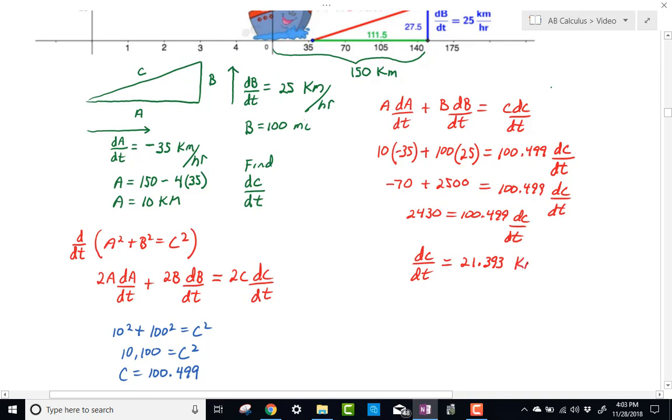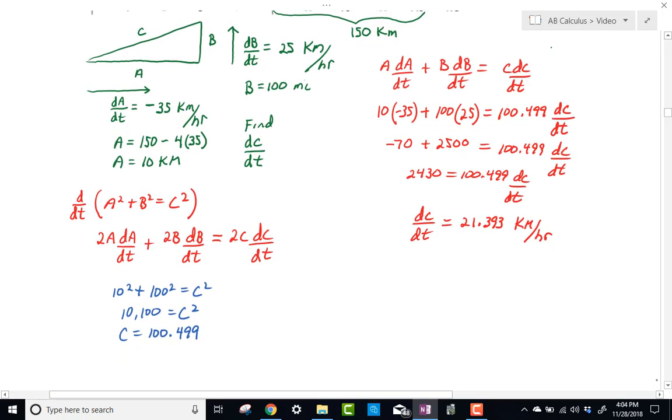We're talking kilometers per hour here. The reason my answer is positive is because, as you saw in the video, the distance between the boats actually starts to increase after a certain time period. At first the distance is decreasing, then after a while the distance starts to increase.